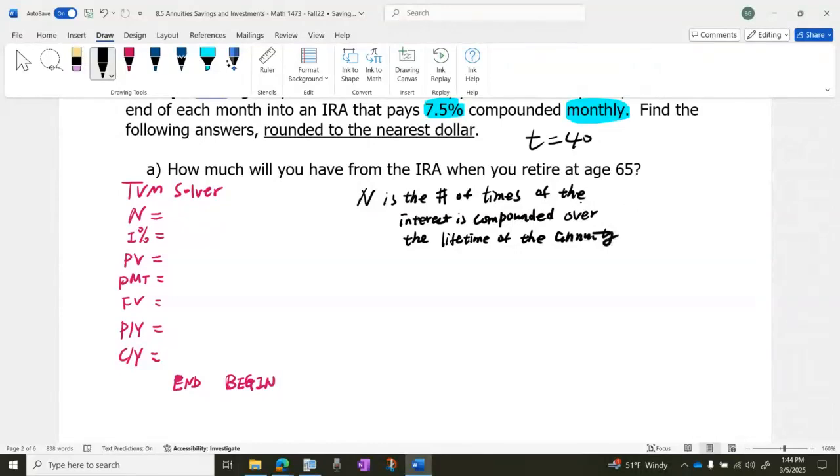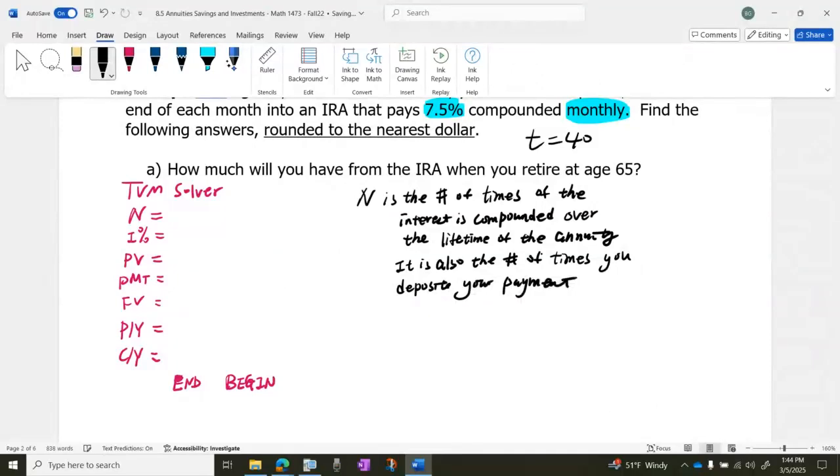Over the 40 years, how many times? What's the total number of times the interest is compounded over the 40 years? It is also the number of payments. Yeah, the number of times you deposit your payment.